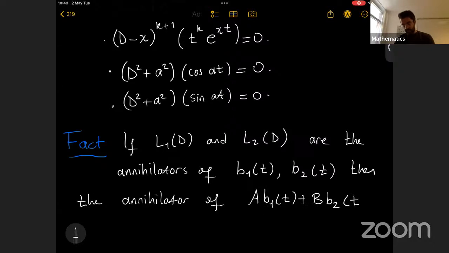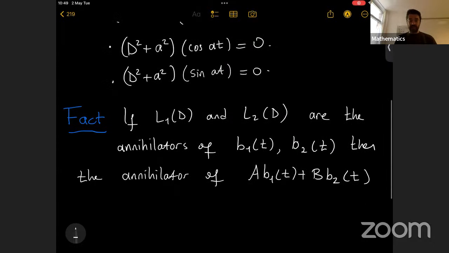What is the annihilator of this in terms of L1 and L2? Do you have any guess? Well, this is the least common multiple of L1 and L2.